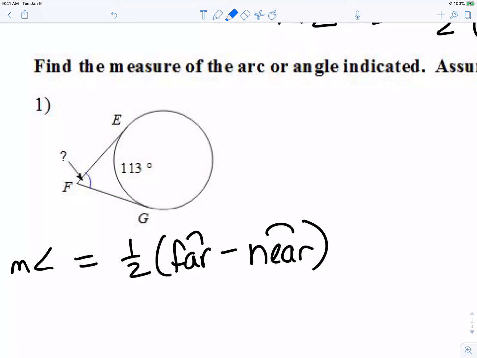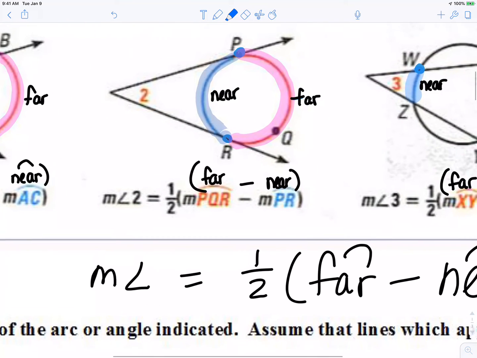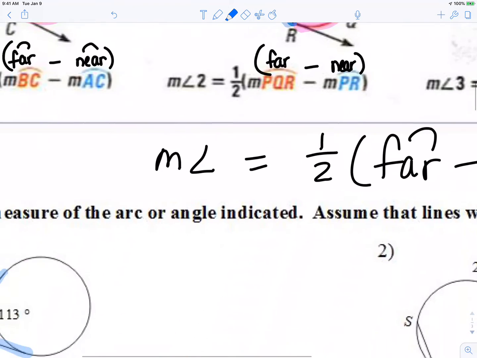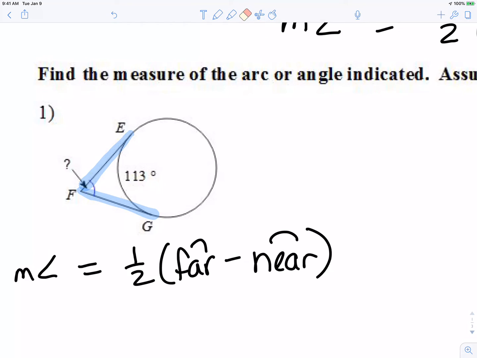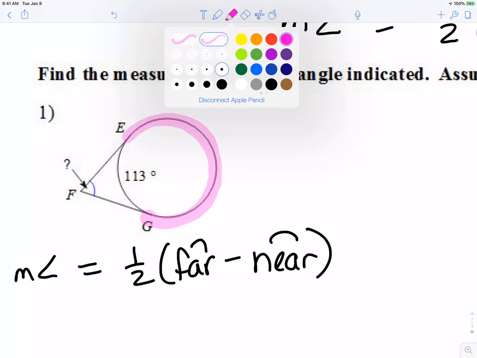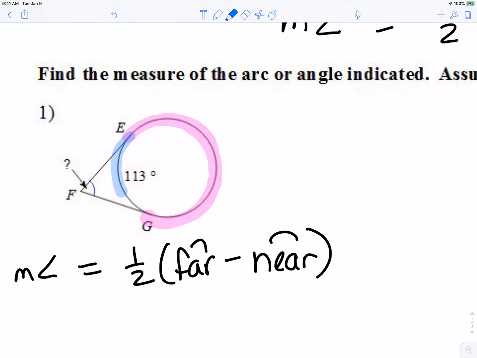Okay, so let's look at this picture. I have two tangents. This is a tangent, this is a tangent. And remember, the tangent is that special case where the entire circle is intercepted in two different arcs. So we have a far away arc going from E to G this way, and then we have a nearby arc going from E to G this way.